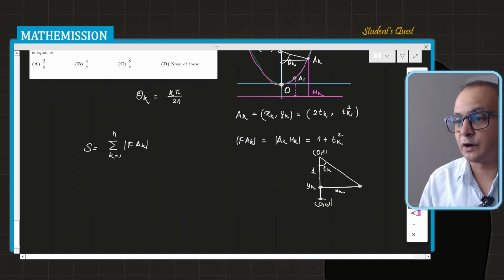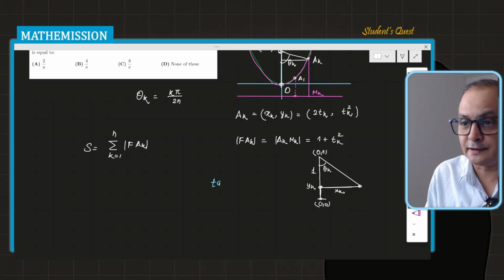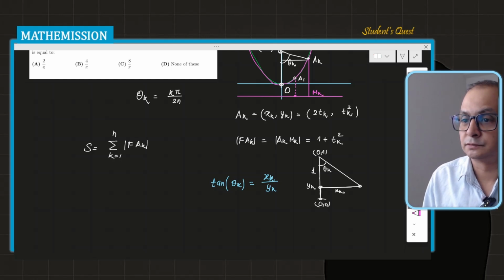So in this way, tan theta k is going to be xk by, not yk, 1 minus yk.